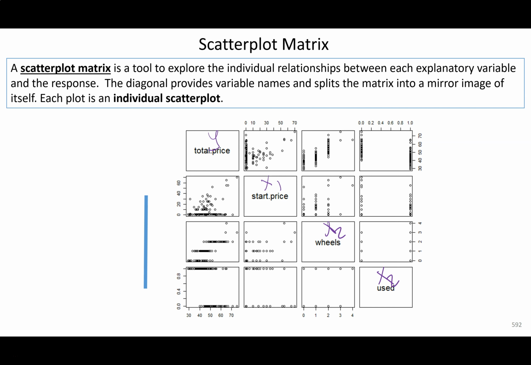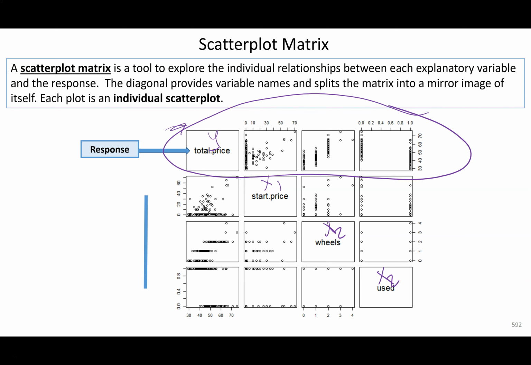So looking here, we can look at, just visually, what is the relationship between each variable with the other variables. So the response, ideally, is going to go in this top row. So for total price here, you want to see relationships here. If there is a linear relationship to view here, you want to see it in this first row when you're looking at the response variable.